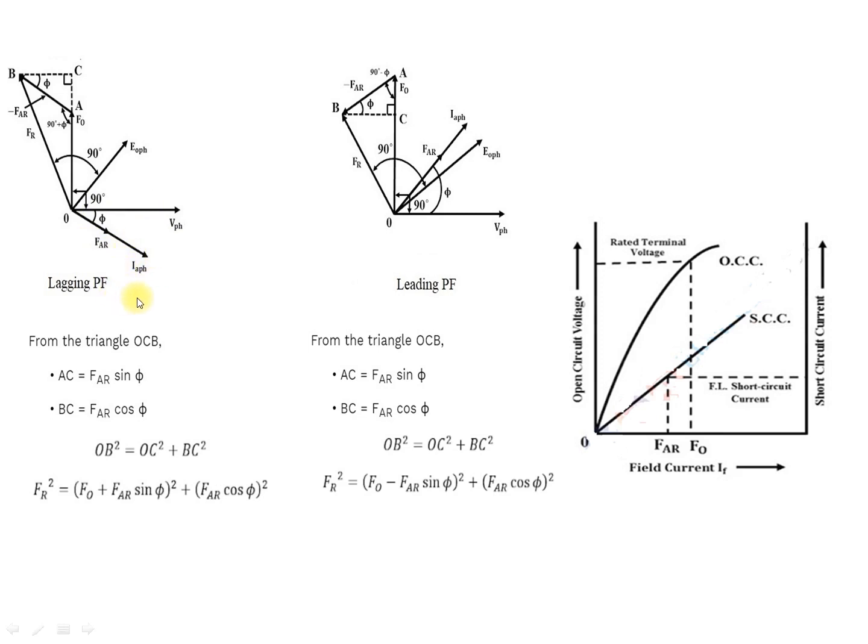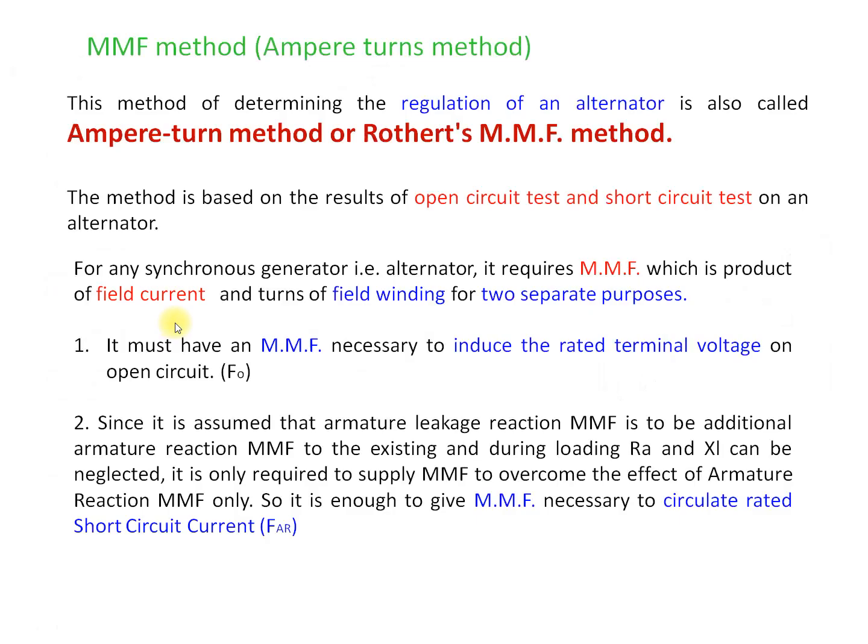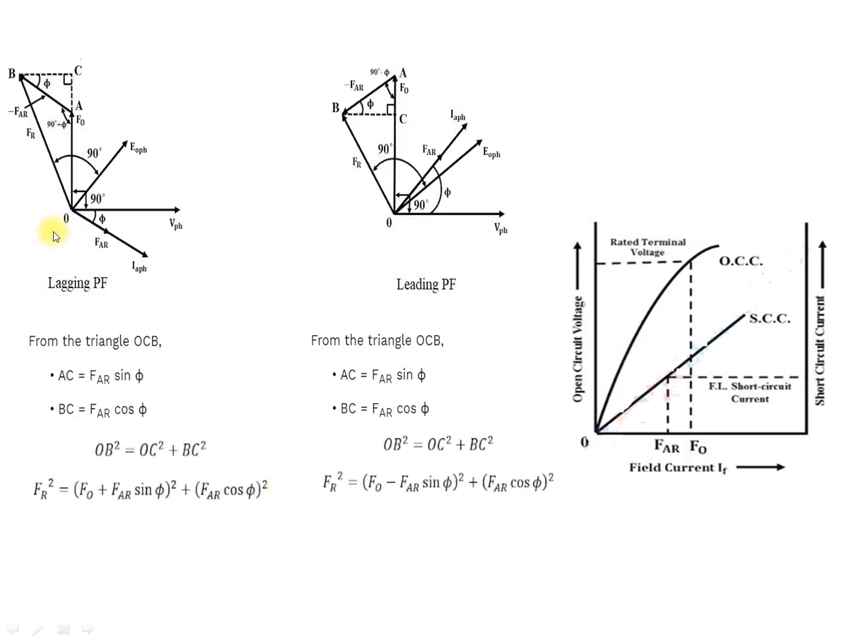Since the short circuit current is going to flow, that particular short circuit current will be supplied by the field current which is related to the FAR. That is what we have mentioned in this particular slide itself. So the IA value which is necessary to circulate the short circuit current is given by this FAR.